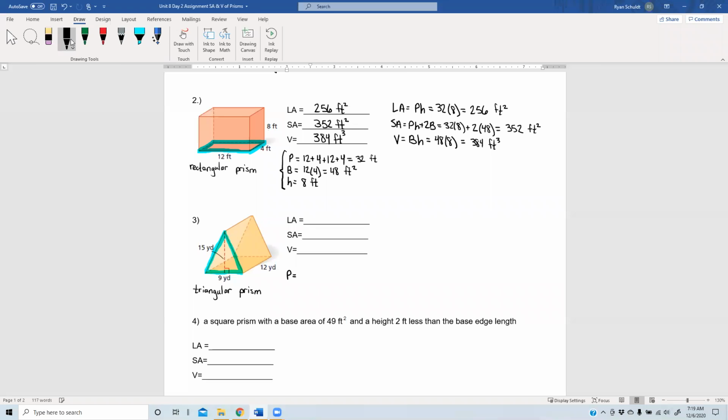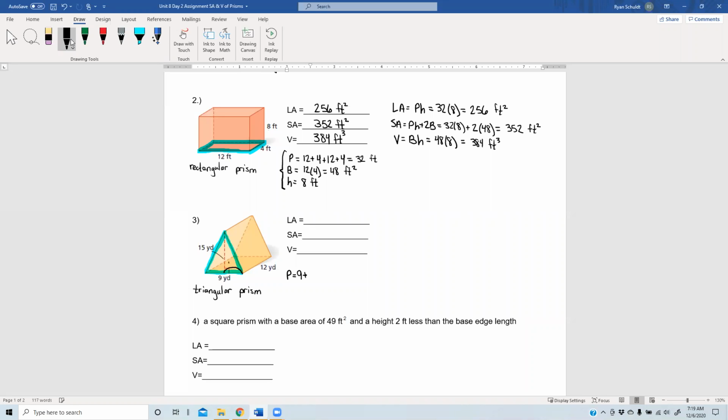Perimeter of the base. It's going to be 9 plus... oopsies, I'm stuck. I don't know what these sides of the triangles are. But what I do know is the height of my triangle is 15.